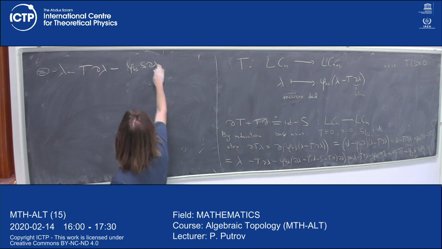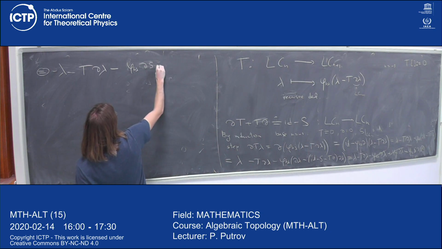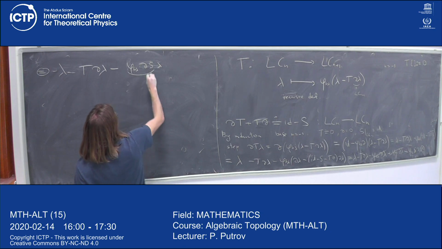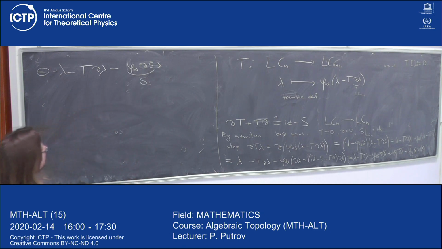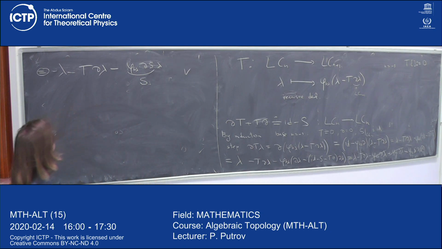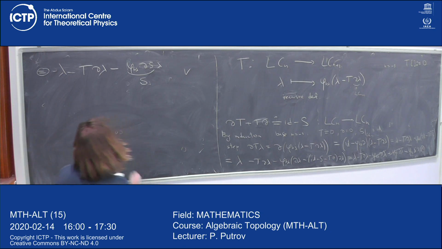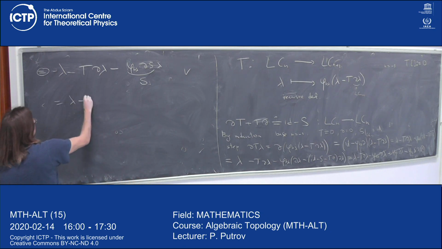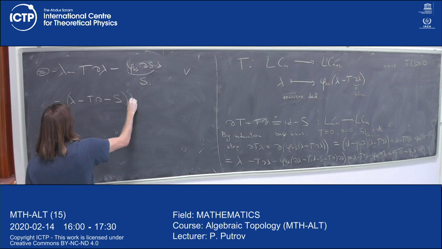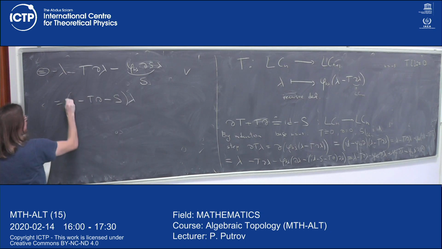So ds, yes, commute S with D, and then I notice that this is a recursive definition of S. So I get what I wanted to show. This is lambda minus T minus S. I get it.